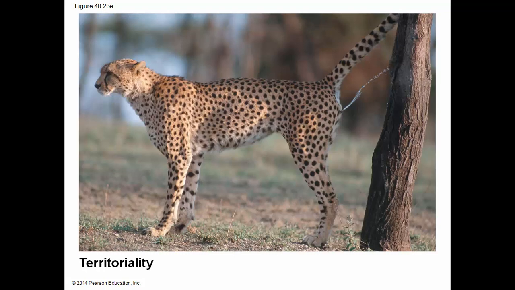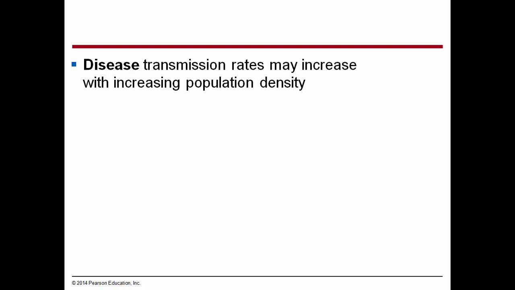Competition over resources in those given territories can decrease reproductive fitness. Disease transmission rates may also increase.